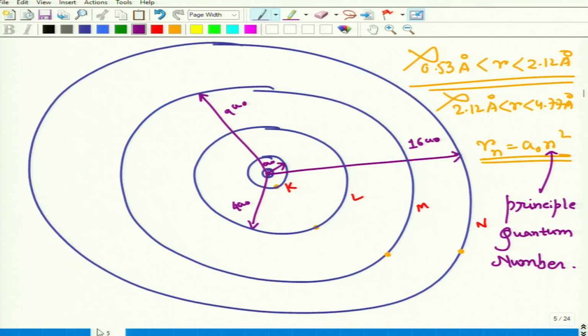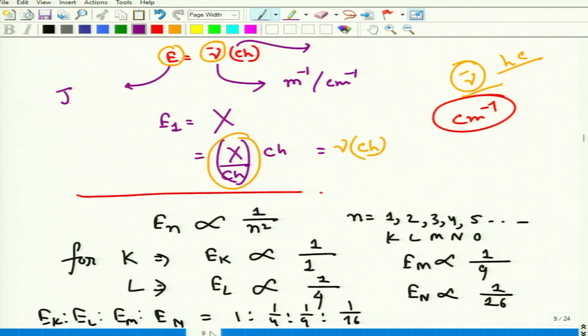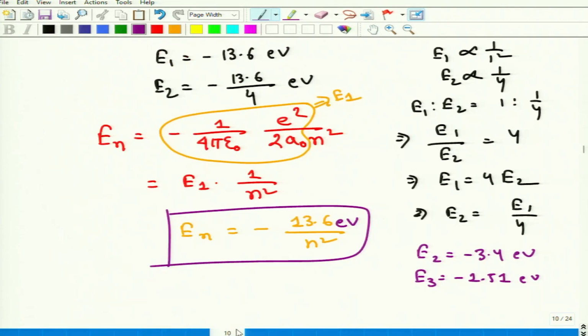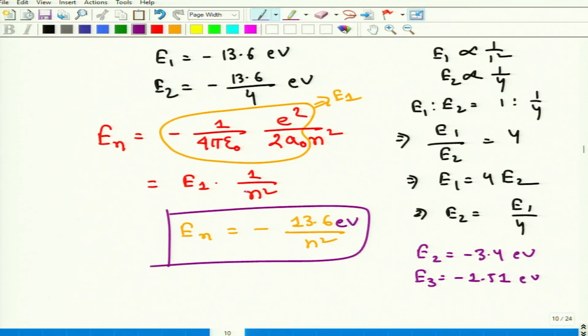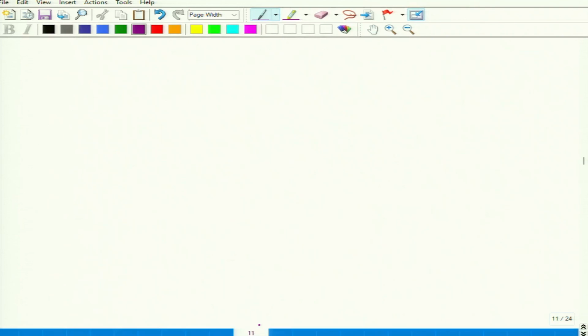The radius is increasing, it goes far away, but the energies are getting closer if we increase n. So, we can also find it. This is the form of En, E1 by n square, where E1 is constant.